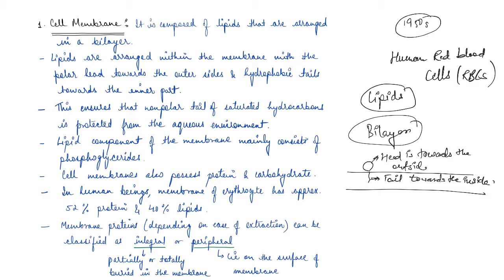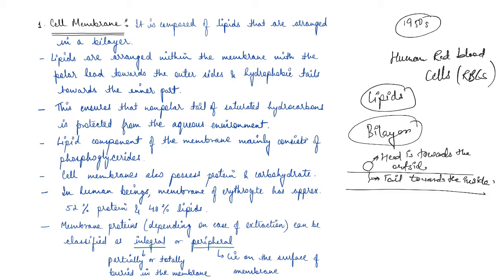This ensures that the non-polar tail of saturated hydrocarbons is protected from the aqueous environment present on the outside. So the hydrophobic tail is non-polar and made up of saturated hydrocarbons, and it is protected from the aqueous environment, right?